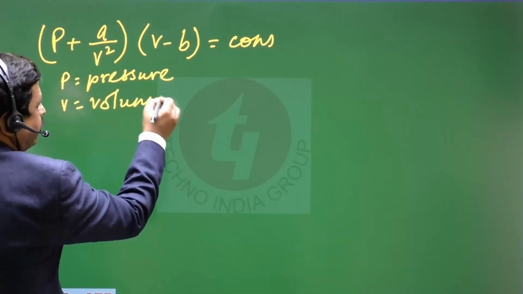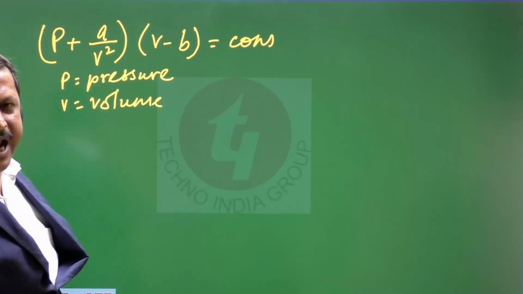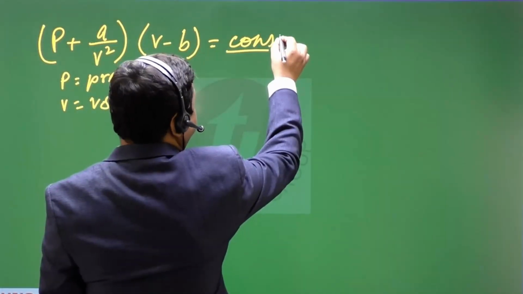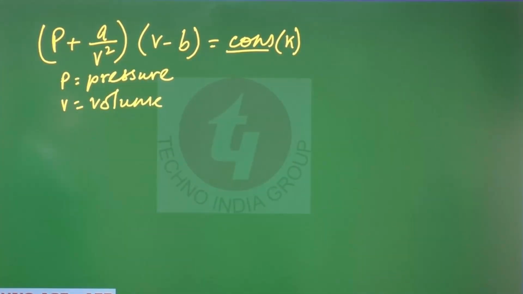You know the dimension of pressure and volume. You have to find the dimension of A and B, and also the dimension of the constant, say this is K. Then how can we do this sum?